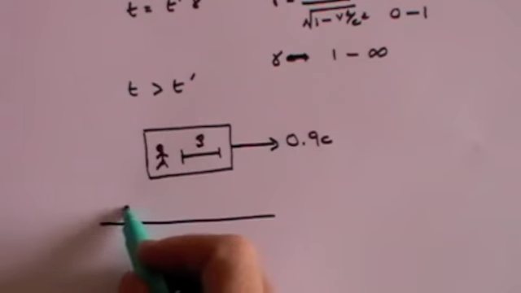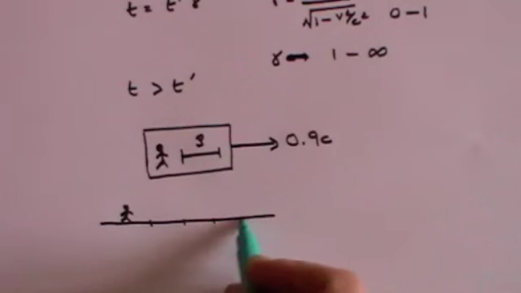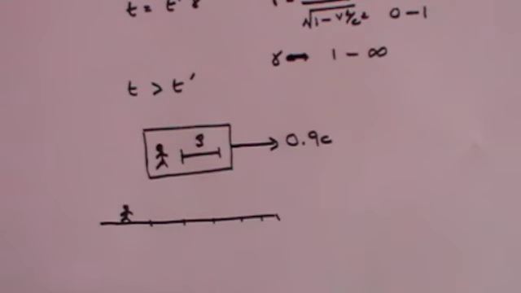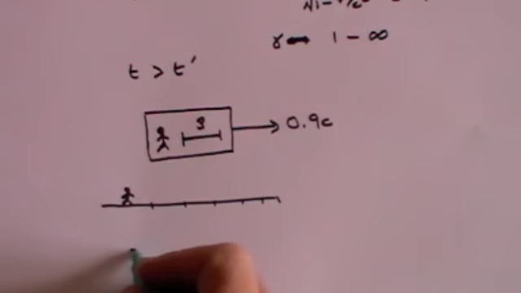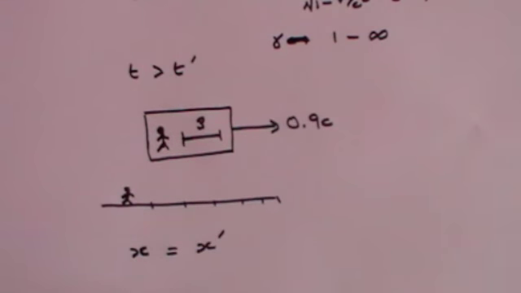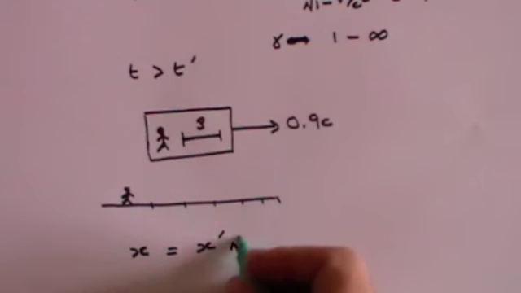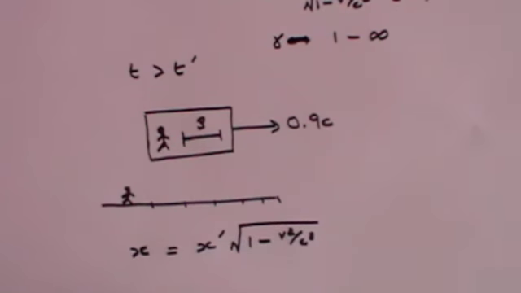On the platform is Bob, and he is going to measure the length according to his own meter scale, and we know, because we've shown, that Bob's measurement, the remote measurement x, is equal to Alice's measurement, the local measurement, times the square root of 1 minus v squared over c squared. We showed that earlier.